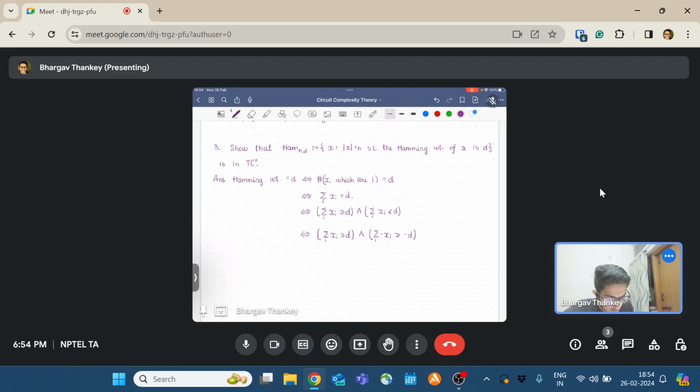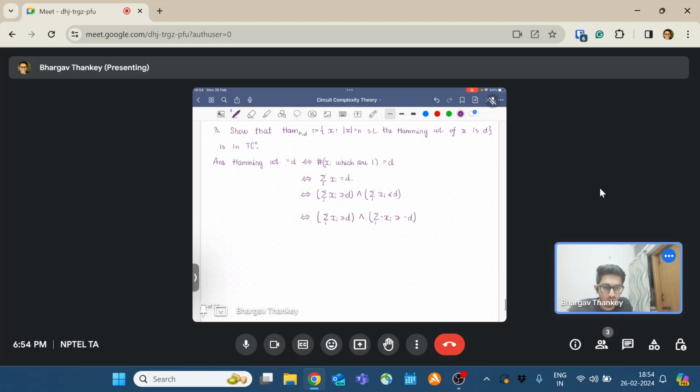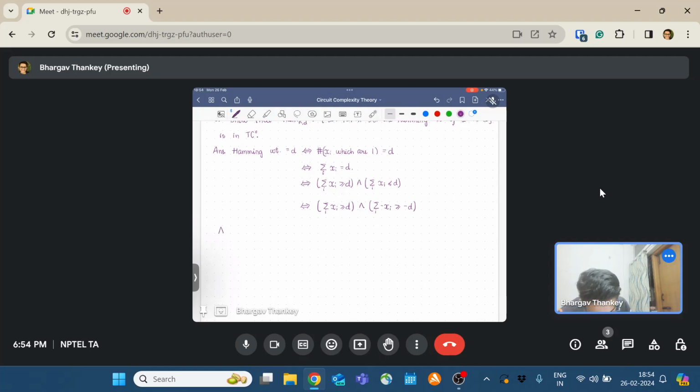And now we know that AND is a TC0 circuit, it can be computed by just one threshold gate, right?